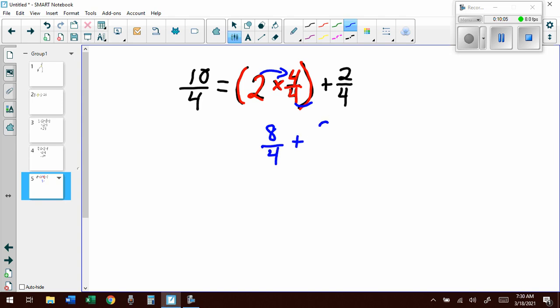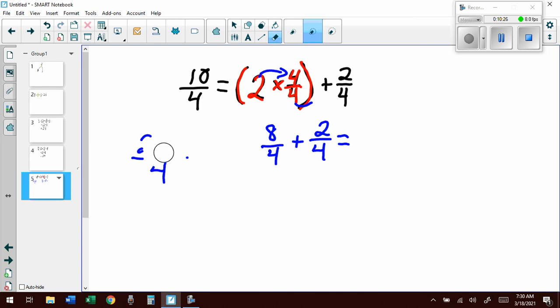We need to add on 2/4. Now we can add our fraction, 8/4, which is the same as 2 times 4 over 4, just like we did here. Multiply 2 times this 4. Keep your denominator the same. 8/4 plus 2/4 equals 10/4.